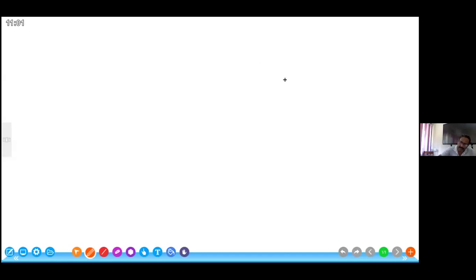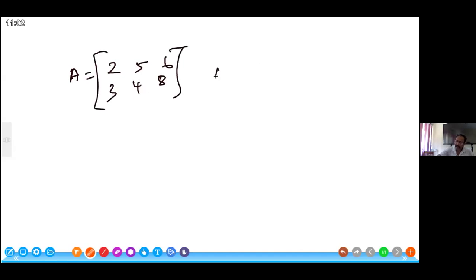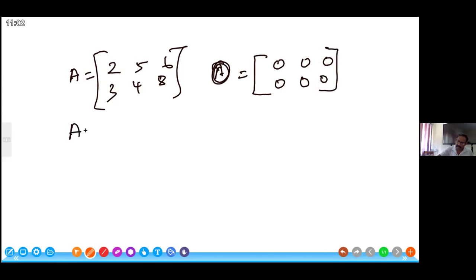Right. Let's say a matrix A is 2, 5, 6, 3, 4, 8. The O matrix or zero matrix is 0, 0, 0, because it should have the same size. So if you add A with the zero matrix, it should be equal to A. That means you add the values: 2 plus 0, 5 plus 0, 6 plus 0.